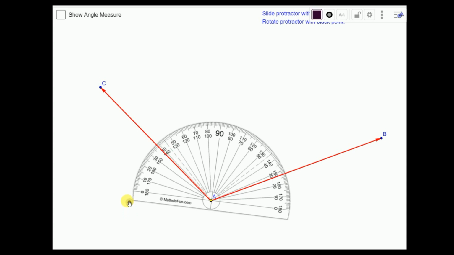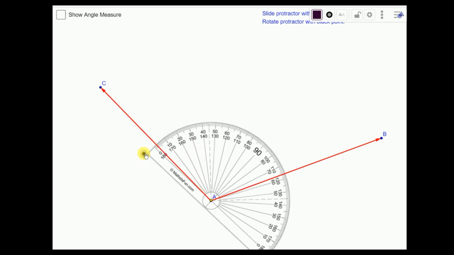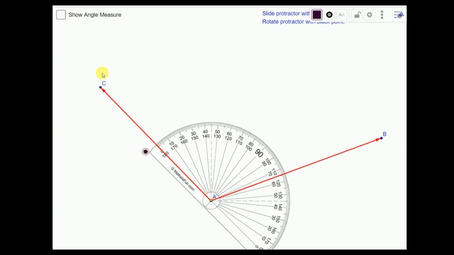I rotate my protractor until the 0 degree line is on AC. Then I count from 0 until we reach the dash through which AB is passing. So I follow the set of numbers above, starting from 0, 80, 90, 100, 110, 1, 2, 3, 4. So it's equal to 114 degrees. So this is an obtuse angle measuring 114 degrees.